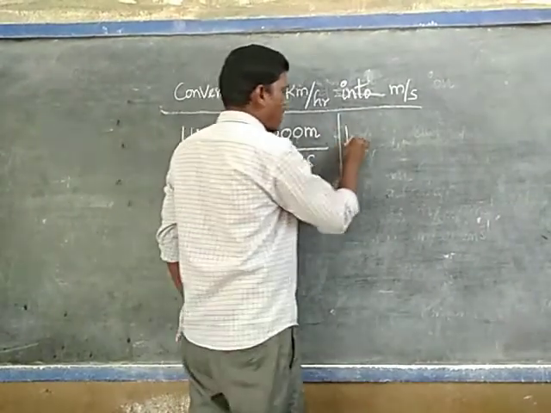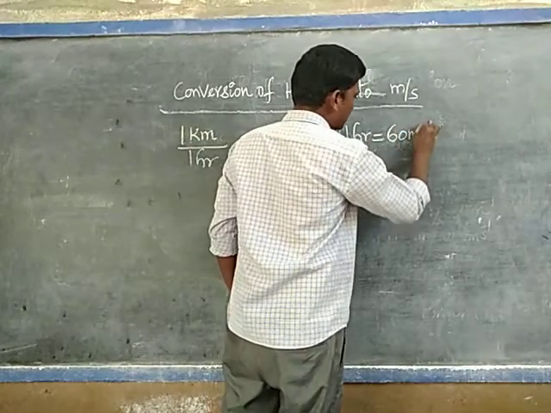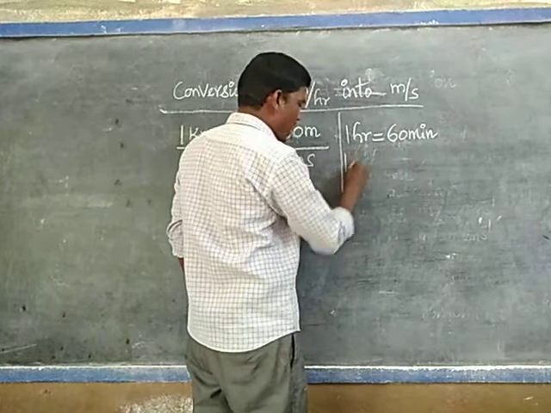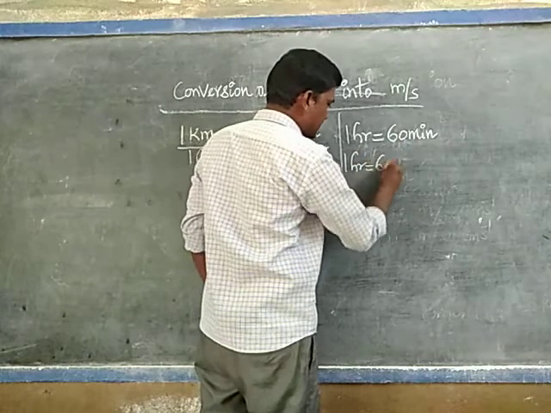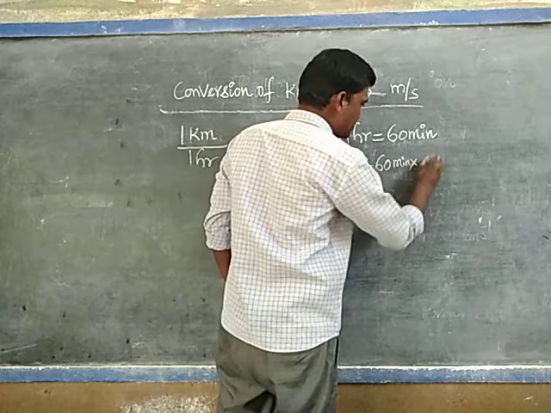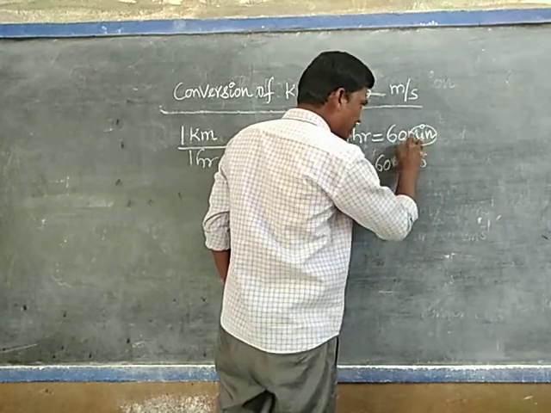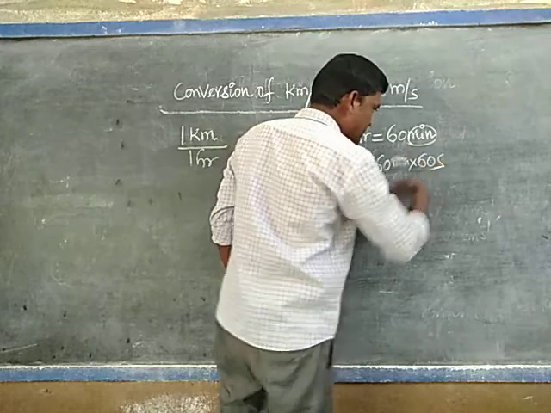We know that 1 hour is equal to 60 minutes, into 1 minute, which is how many seconds? 60 seconds.